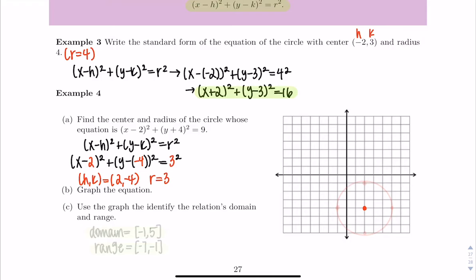So I'm going to go 3 units in the north, east, south, west direction. So 3 units up, 3 units to the right, 3 units down, and 3 units to the left. And so all you're going to do is connect the points on the outside. Don't connect to the center.